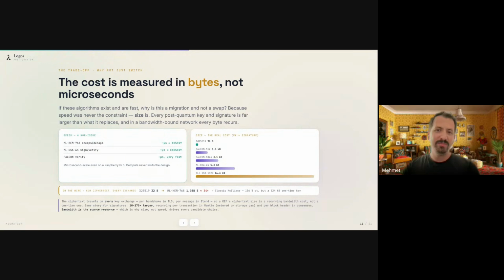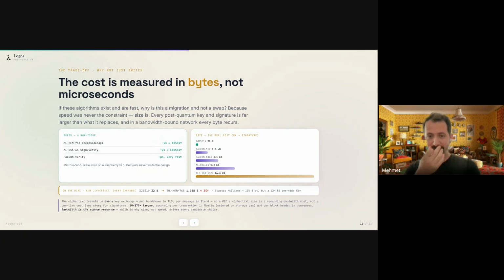Even if the performance of these algorithms is not bad, actually it's really good when you compare with elliptic curves, the problems come from the public key size, signature size, and ciphertext size.